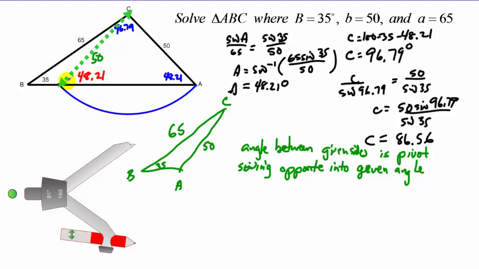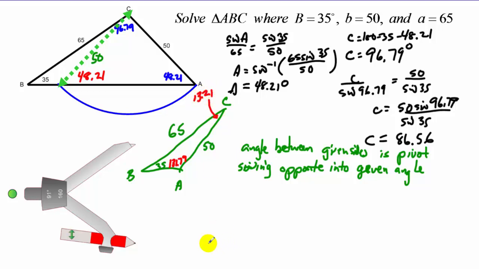I know that this is a straight line, so 180 minus 48.21 gives us that supplementary angle, which means that this guy right here is 131.79. And if I know that's 131.79, I now know this angle up here because I just have to subtract from 180, which gives me this angle C being 13.21.